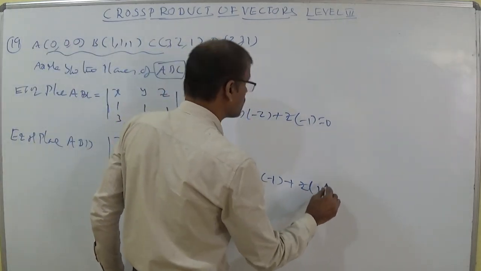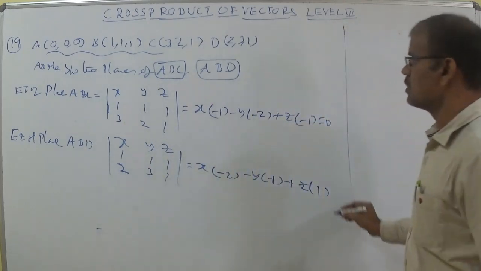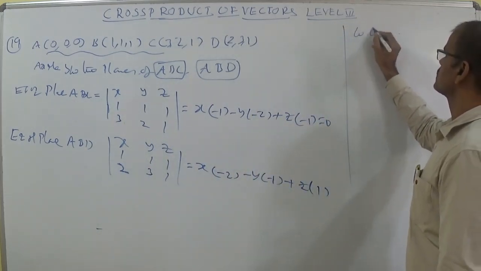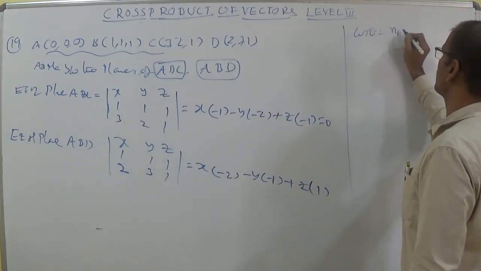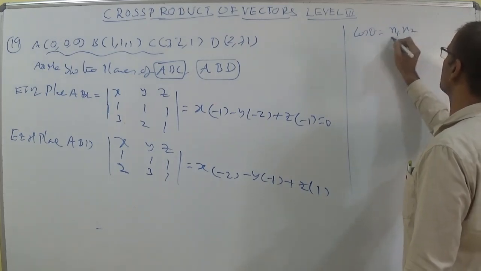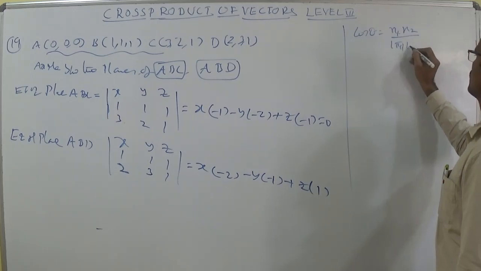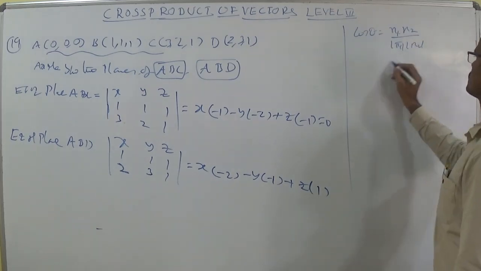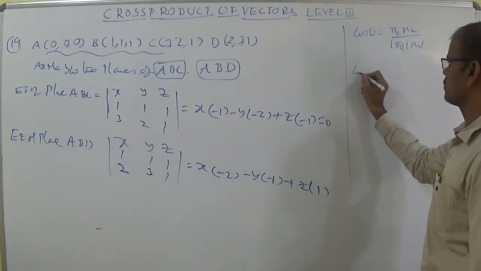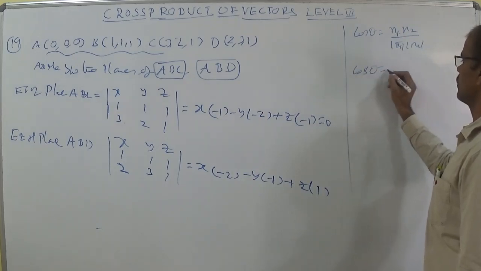Now you should calculate the angle between the two planes. Plenty of times I said that the angle between planes is the angle between their normals, where n1 and n2 are normals: cos theta is equal to n1 dot n2 by modulus of n1 into n2.